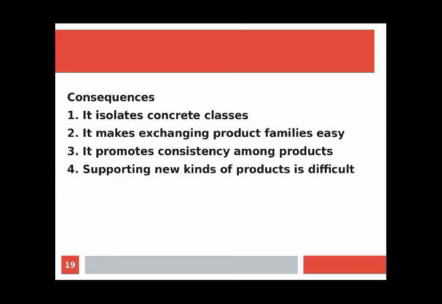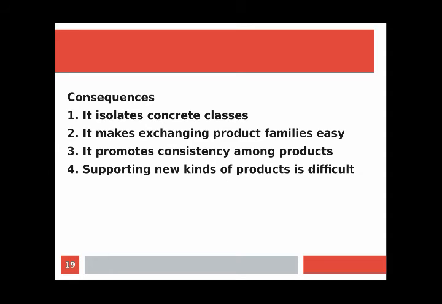Because an abstract factory creates a complete family of products, the whole product family changes at once. And the third is, it promotes consistency among products. When product objects in a family are designed to work together, it is important that an application use objects from only one family at a time. Abstract factory makes this easy to enforce.